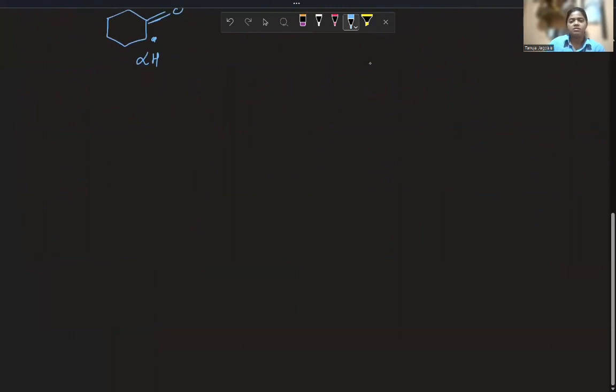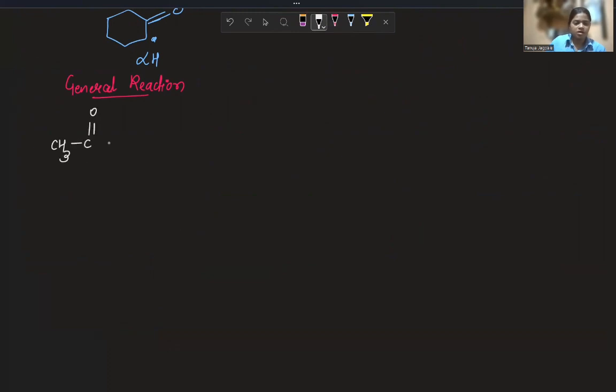Let us discuss the general reaction of aldol condensation. We have 2 molecules of acetone, which undergo aldol condensation and addition reaction to form a beta-hydroxyketone.